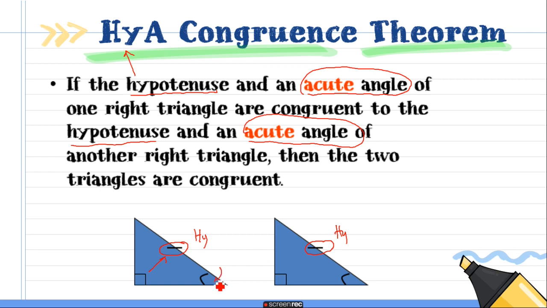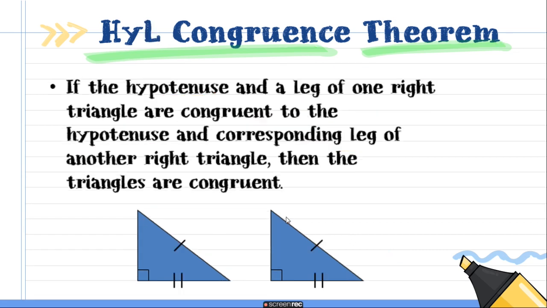Now, this is our acute angle, and this is also our acute angle. So, HYA. Again, it is not always the case that this is the acute angle, because we can also get this one, since it's also an acute angle. So this is the HYA Congruence Theorem.